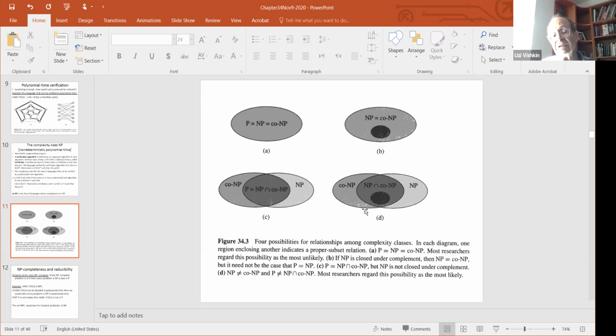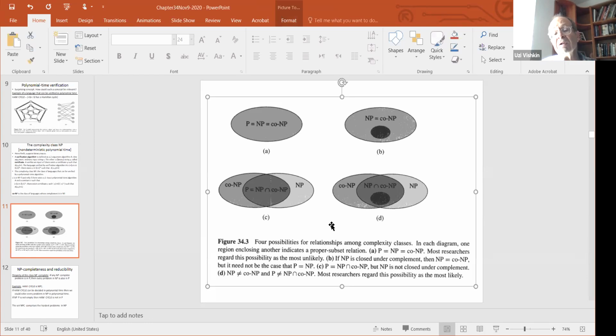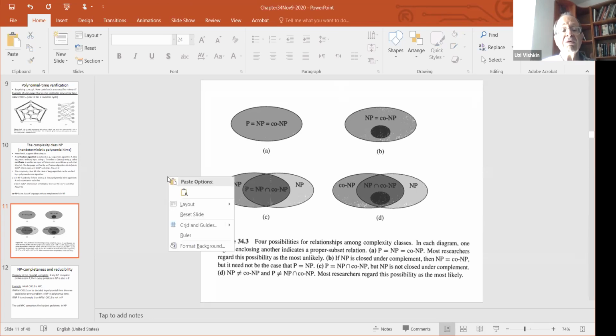And this is the current belief, but nobody has proven that any of these possibilities doesn't hold. We just have now almost 50 years of working on this topic with almost zero progress on figuring out which of these relationships actually holds.